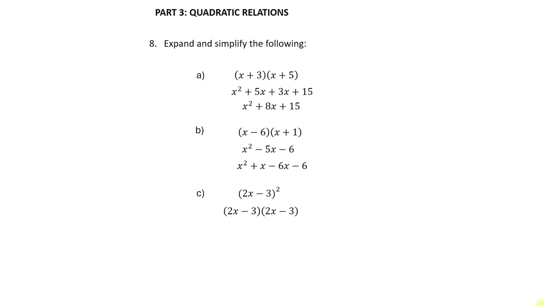We'll take that 2x minus 3 to the exponent 2, and we'll write it out simply as 2x minus 3 times 2x minus 3. Then we'll FOIL it. Our next line will be 4x squared minus 6x minus 6x plus 9, giving us a final value of 4x squared minus 12x plus 9.